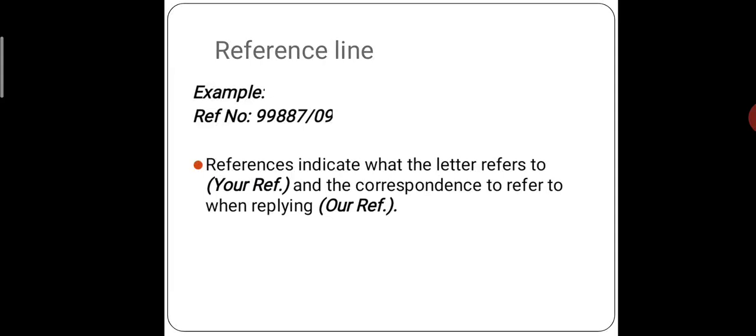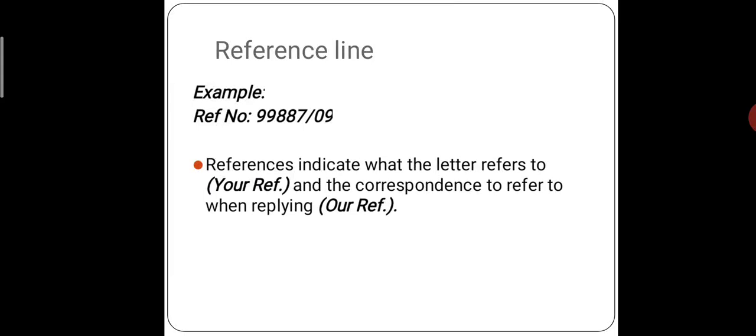The reference number is an important part of the letter and it should be properly placed. It indicates the letter number, the department from where the letter is being sent, and the year. It helps in future reference. This reference number is given on the left hand corner after the heading.